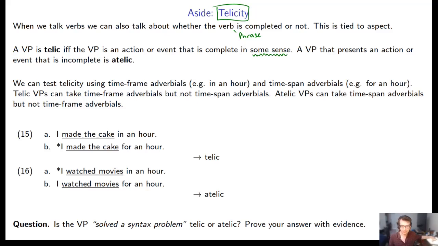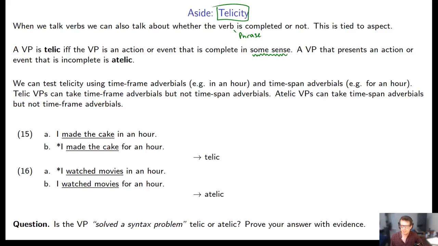When you make a cake, that cake, once it has been made, can no longer be made again, because once the cake has been made, the cake has been made. You cannot deconstruct it into its parts and then put those parts together again. So the action of making a cake is a telic action.